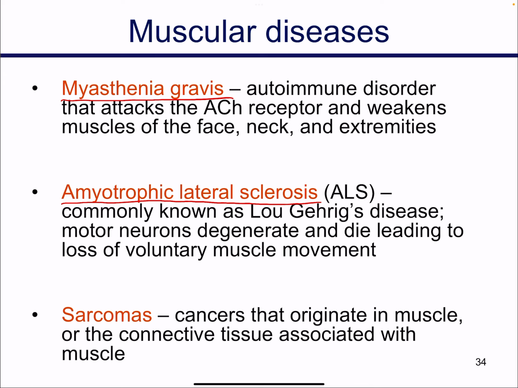This is a neurodegenerative disease by which the neurons lose the ability to cause contraction of the muscle in a voluntary manner, right? Then we have sarcoma. The sarcoma is a cancer that originates inside of the body, in the muscle, connective tissue, but it's deeply buried in the body.